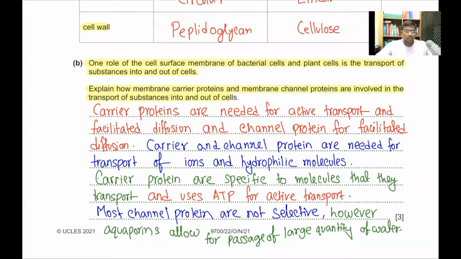Guys, in my question, you can see I have used different colors. The colors indicate different marking points. And I have tried to make the answers as relatable as possible, according to what we have learned from the textbook and what our syllabus has taught us.